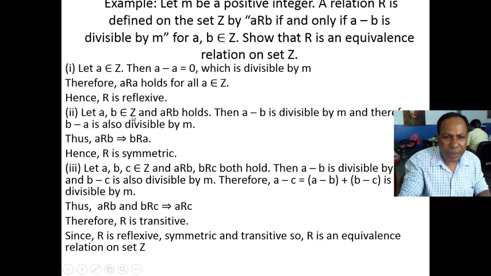Now to prove the symmetric property, let us consider any two arbitrary elements A and B belonging to the set of integers with the condition that A is related to B. Once A is related to B, that implies A minus B is divisible by M. That implies B minus A is also divisible by M. When A minus B is divisible by M, B minus A is also divisible by M. That means A related to B implies B related to A. So the relation is symmetric in nature.